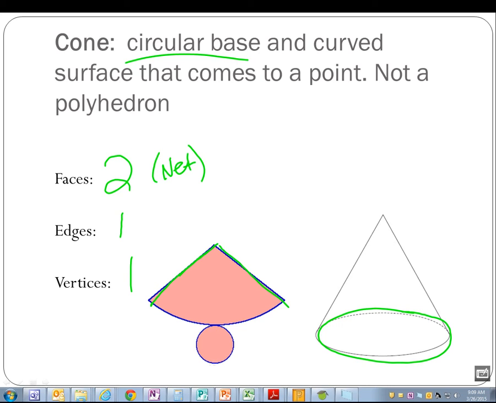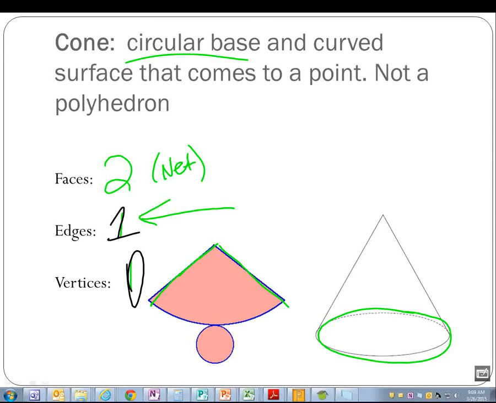Are there any edges that meet? Can one edge meet another edge? No. So there's actually going to be 0 vertices.